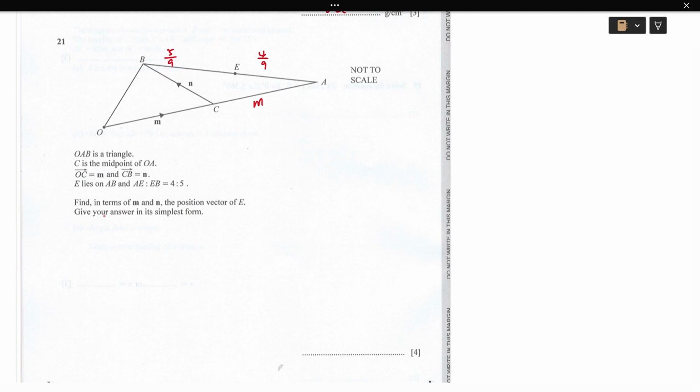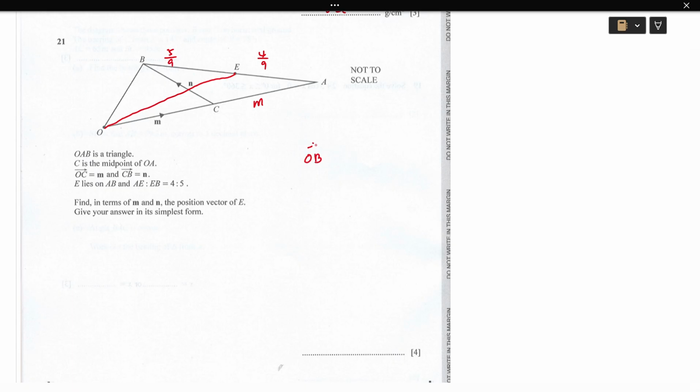So what we need to calculate is the position vector of OE. We have OA, and we need to find AE. For that, first we need to find AB, and for that we need OB.